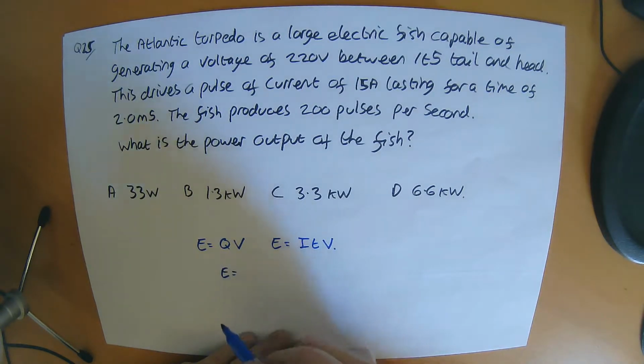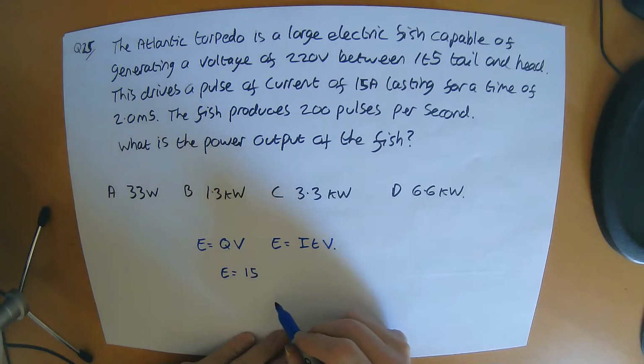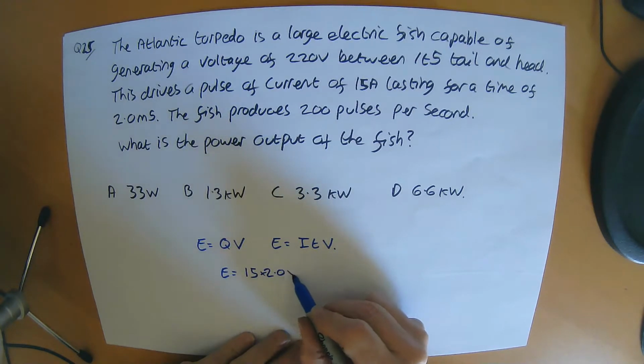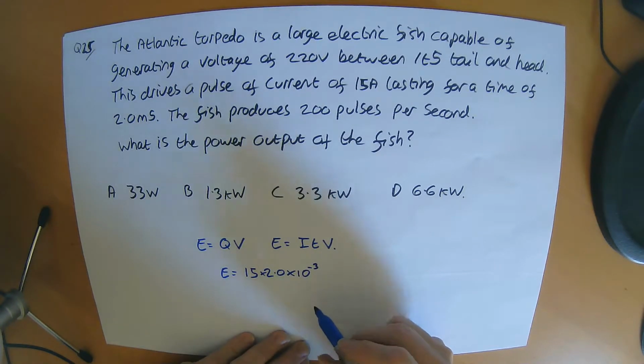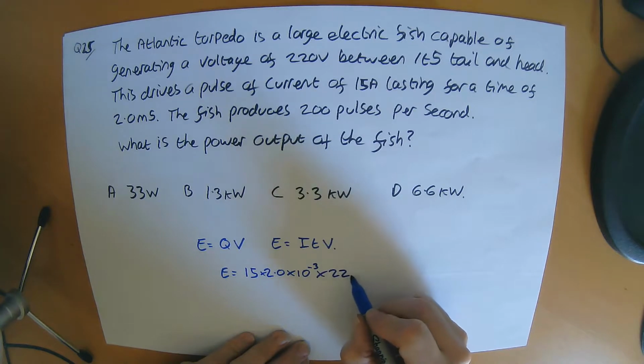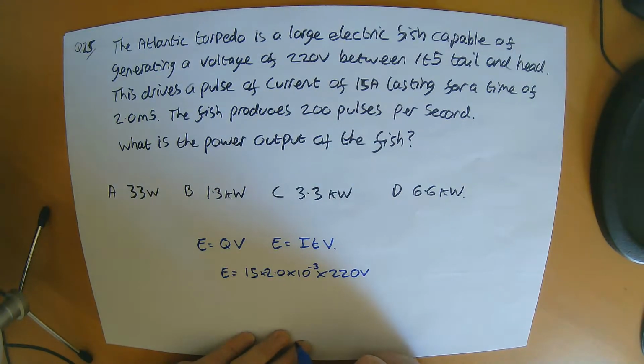E equals ITV, which is 15 amps times 2.0 times 10 to the minus 3 seconds times 220 volts. And that's the energy produced by a single pulse.